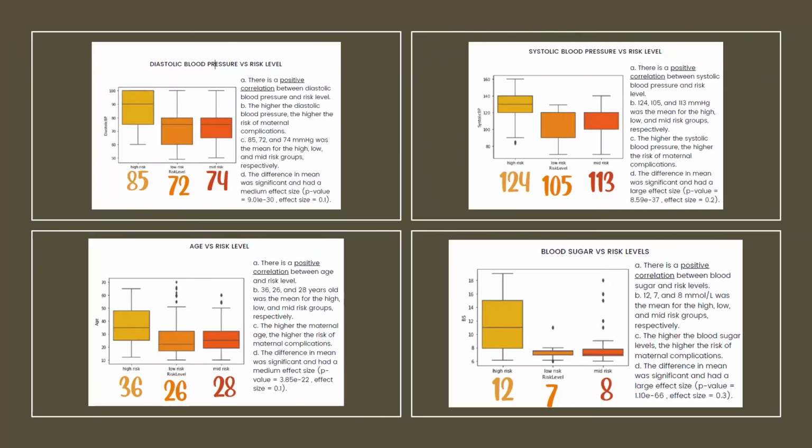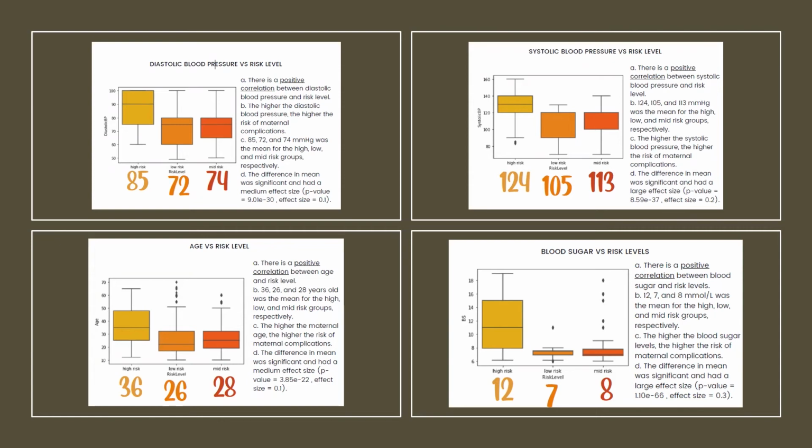I also did a bivariate analysis between each predictor and the outcome of interest. So beginning with the diastolic blood pressure versus risk level, we see that there is a positive correlation between diastolic blood pressure and risk level. So that means that the higher the blood pressure, the higher the risk for complications.